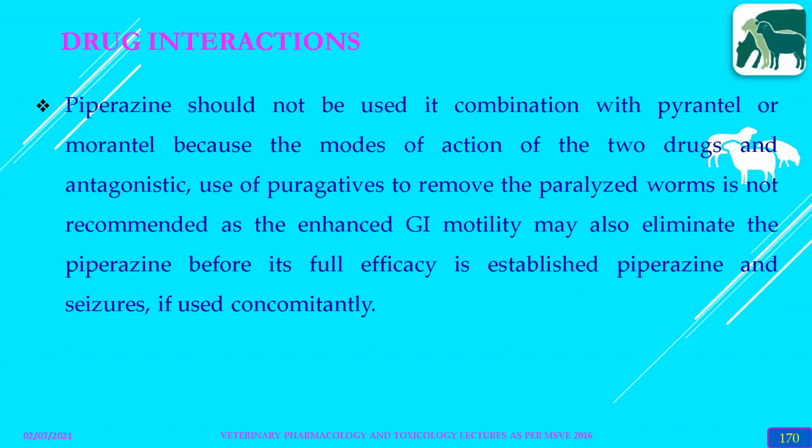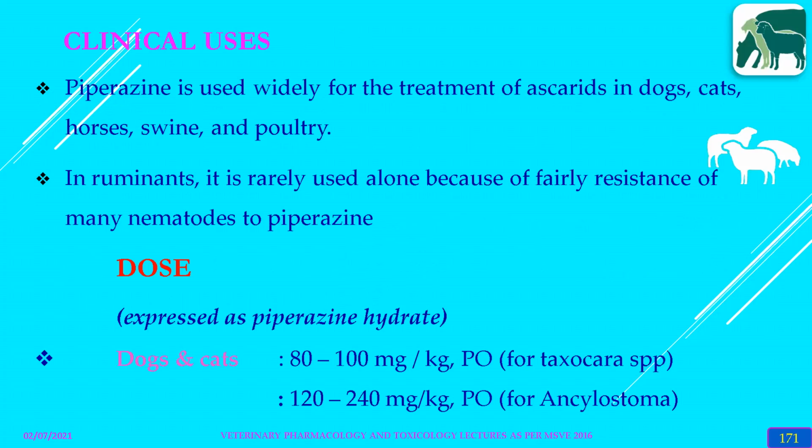The drug is eliminated through the feces, and the efficacy of piperazine is established. Seizures induced by it can be effectively treated. This is used widely for the treatment of ascarids in dogs, cats, horses, swine, and poultry.